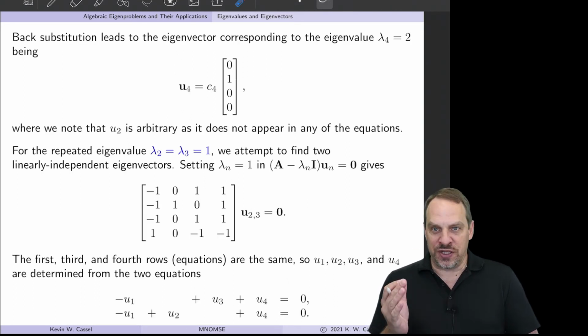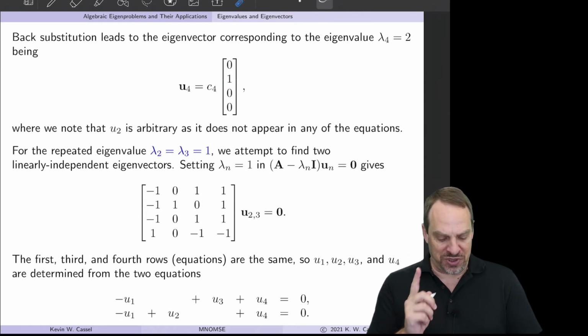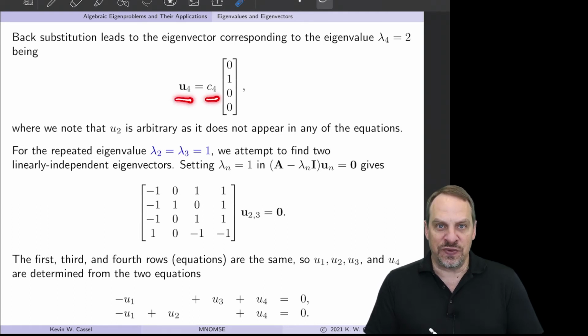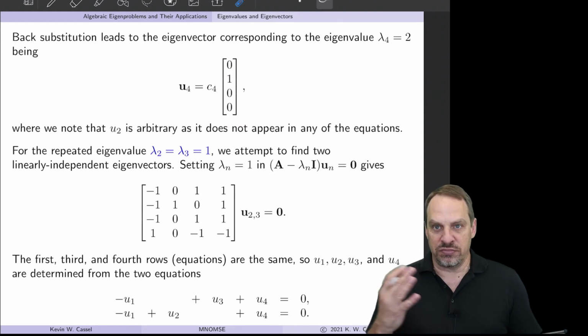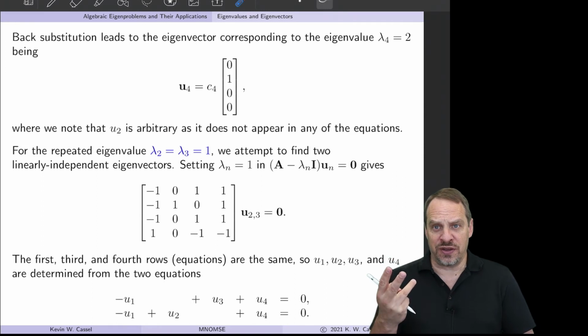So you have to be careful not to get too excited. You see these zeros popping up, and so you're tempted to just say u2 has to be 0. But in fact, it could be completely arbitrary. So our u4 eigenvector is an arbitrary constant c4 times 0, 1, 0, 0. Again, the 1 is in the u2 slot so that you can have an arbitrary value there. Okay, so that's our second eigenvector.